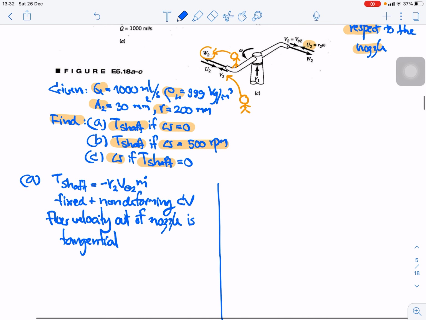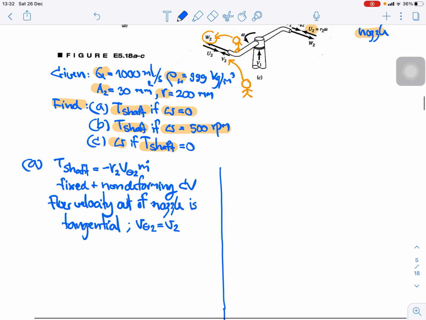This tangential direction means that V theta 2 is equal to V2. So we can write that T shaft is equal to R2 V2 m dot.